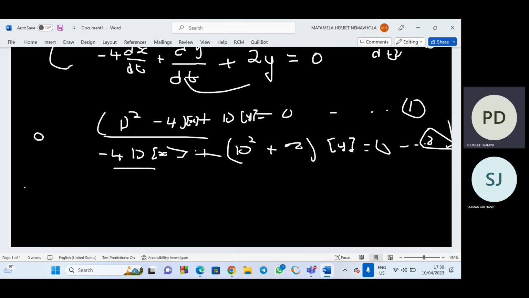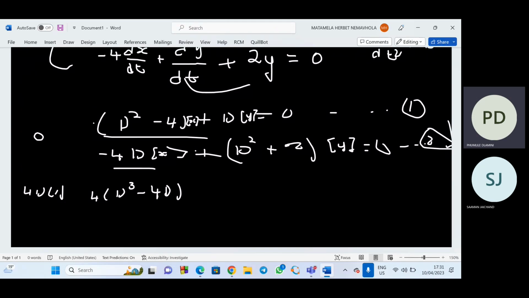So if I multiply equation 1 with 4d, then my equation is going to be in the form of 4 in brackets d cubed minus 4d.